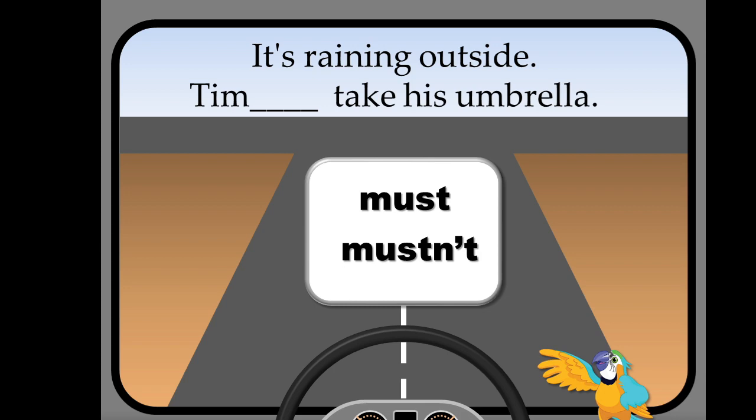You didn't return it. It is fit on you. The answer is correct. Mustn't. So you can say you mustn't return it. It is fit on you. Why? Because it is fit. So you don't need to return it to the shop.